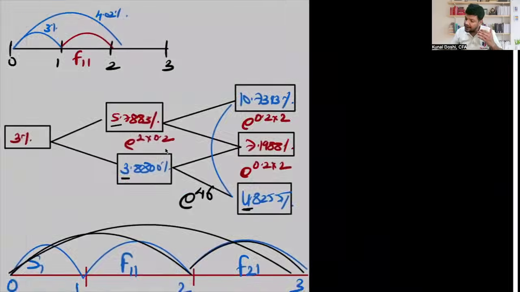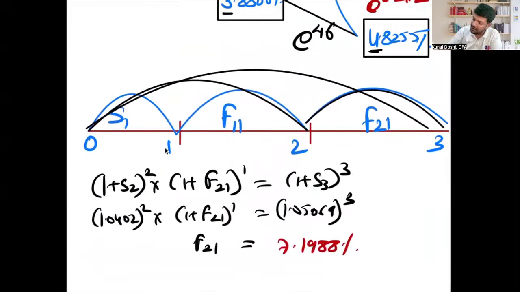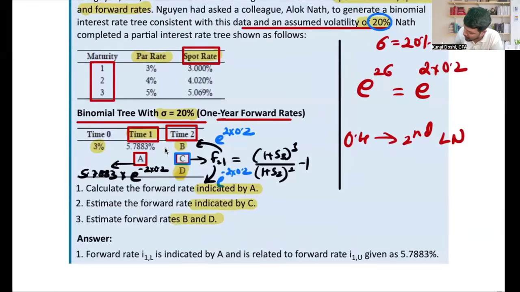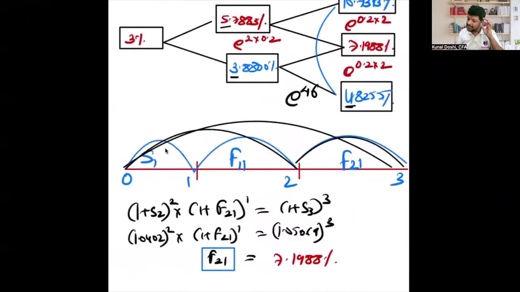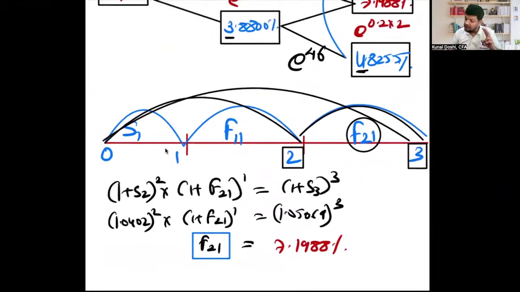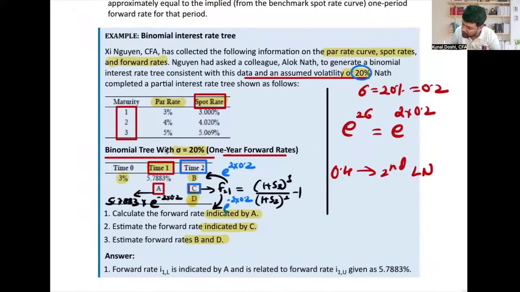So again, to find the rate in the middle, the 1-year forward after 2 years. This is the 1-year forward at time 2. To find this particular point, if you notice the timeline stuff that we did, you require a 2-year spot rate and a 3-year spot rate. Got it? So did we have the 2-year spot rate? Yes, we had a 2-year spot rate.